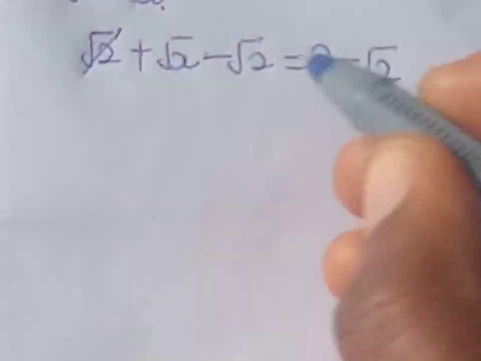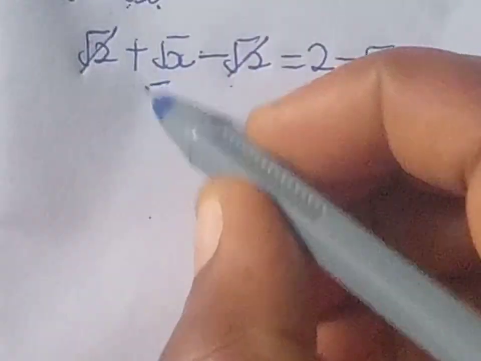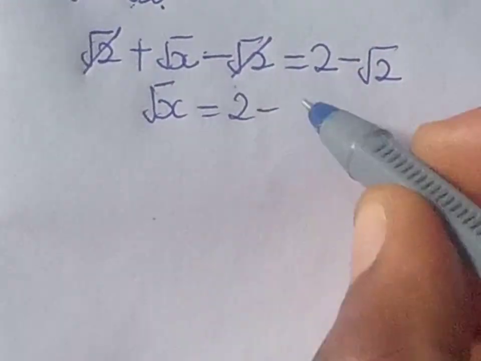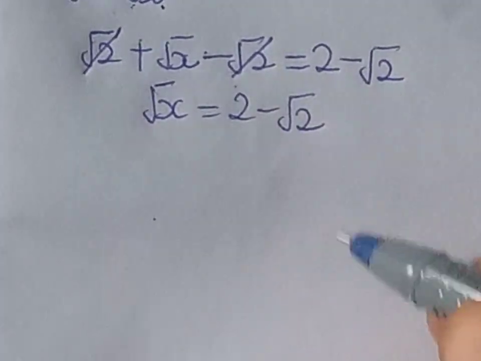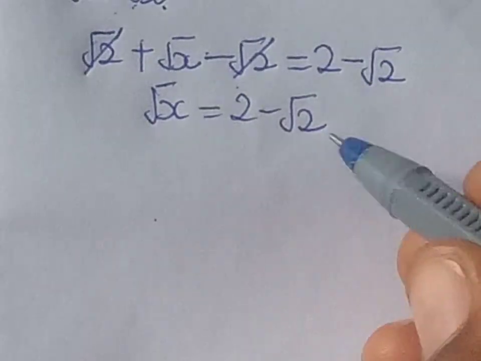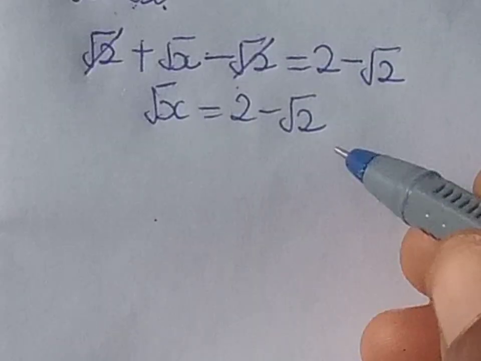Now root 2 cancels root 2, so we are left with square root of x equals 2 minus square root of 2. This is perfectly valid because we are performing the same operation on both sides.